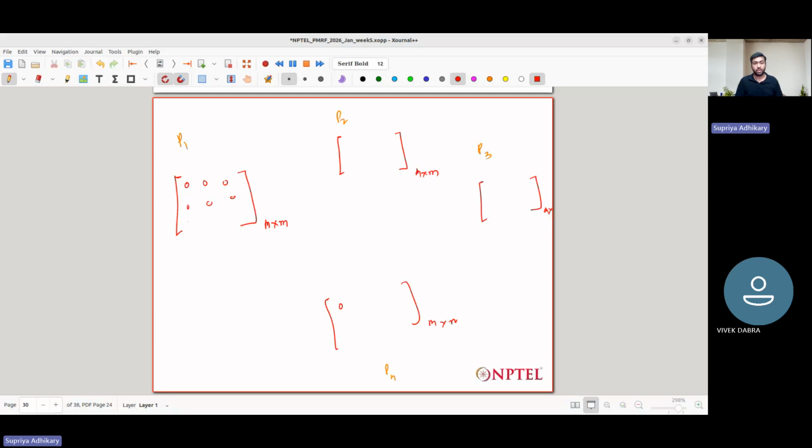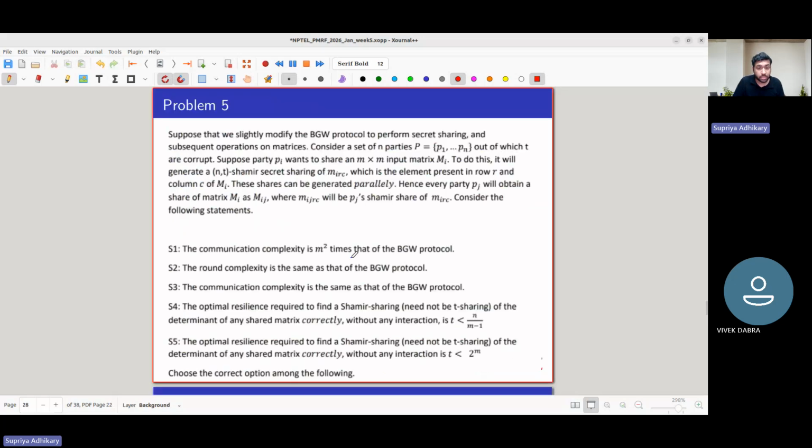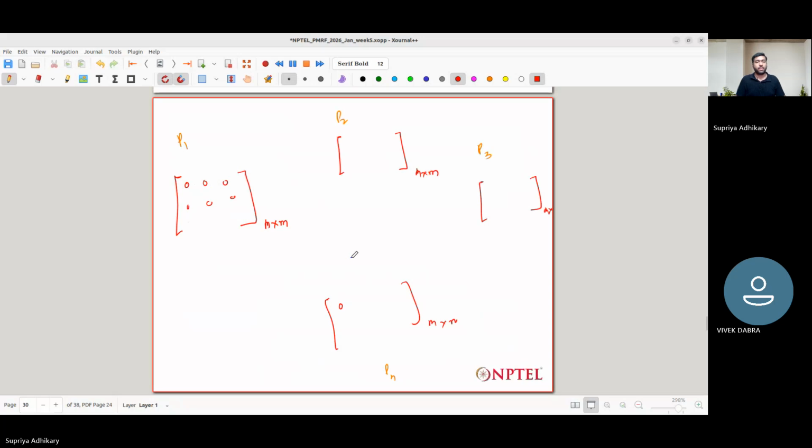So over here, okay, wait a minute. The communication complexity is times the BGW protocol. So first of all, let us consider in this case, what is the communication complexity? Let's say that P1 has one element. There are total m square many elements.